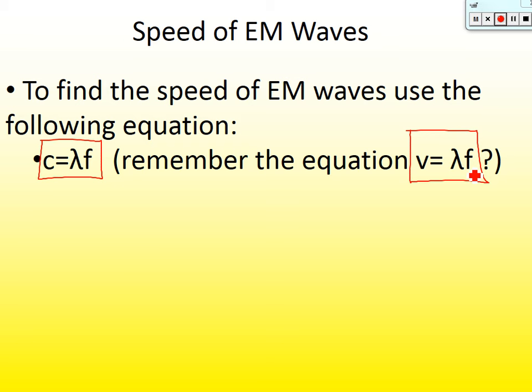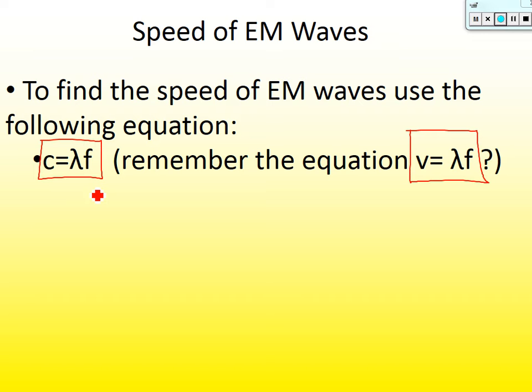Well, we don't use v anymore because how fast do EM waves travel? Speed of light. And so we're going to use c. c is the speed of light. Will you always know this value? Sure. And so you're going to either have to solve for wavelength or frequency, the one that they don't give you.